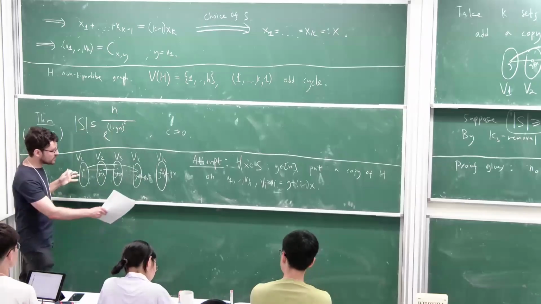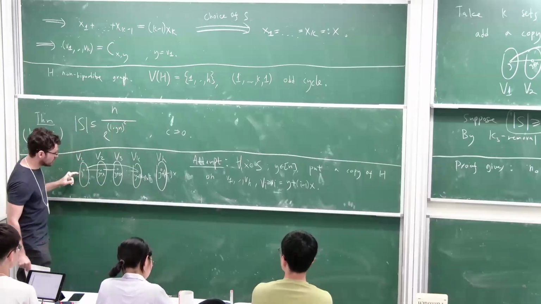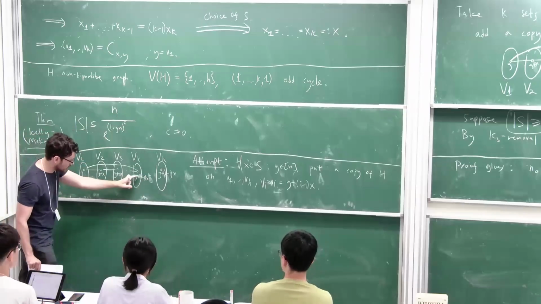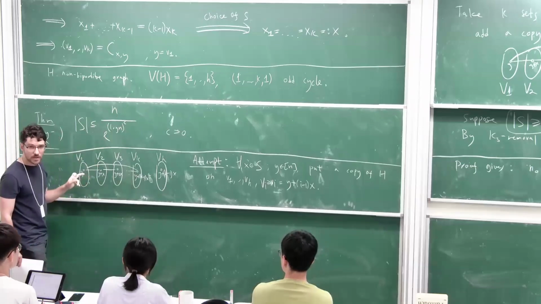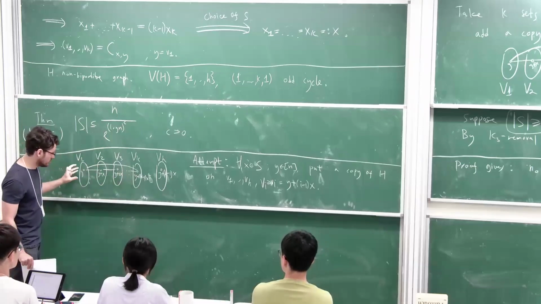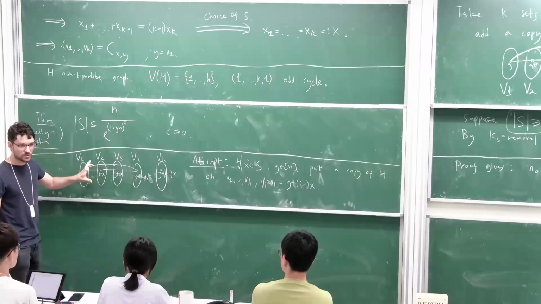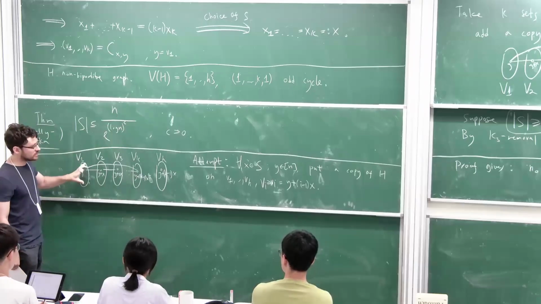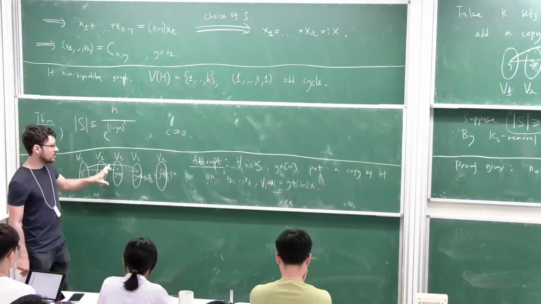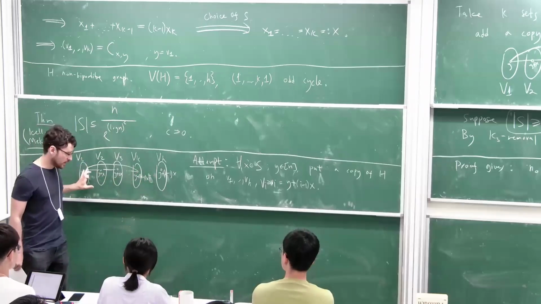So if we knew that every copy of H looks like this, we would know that every one of them contains an odd cycle like this. But we know exactly that the odd cycles here are only those that we put in. So we would have good control of the copies. So the only thing that is not clear is why all the copies of H look like we want.